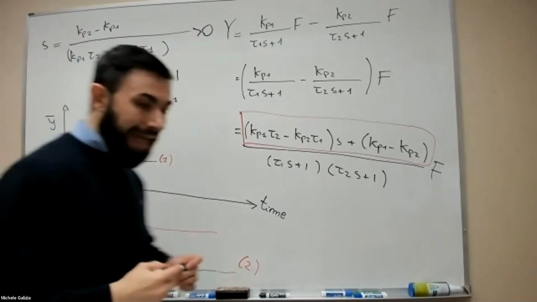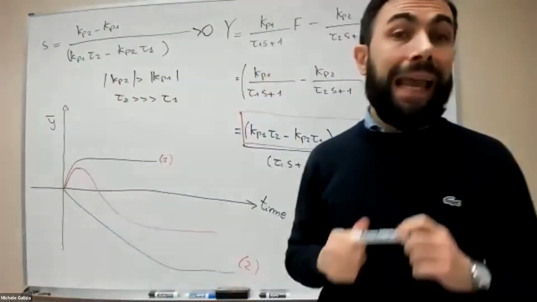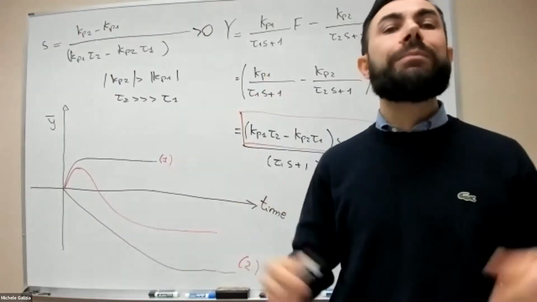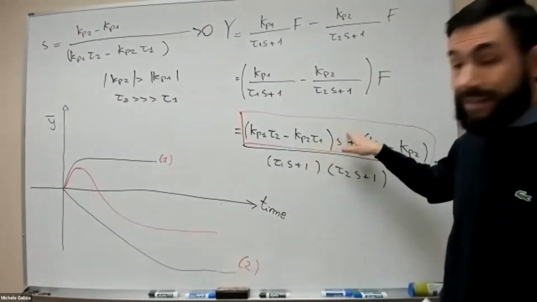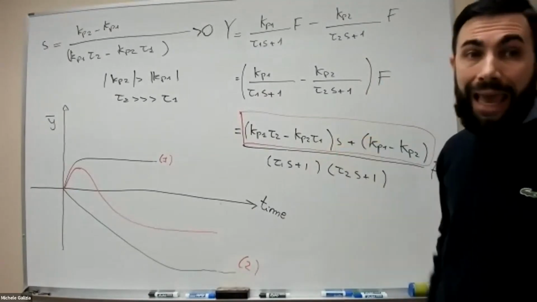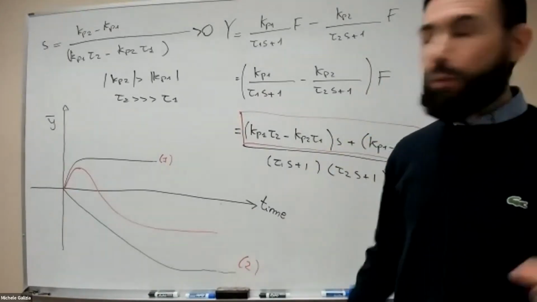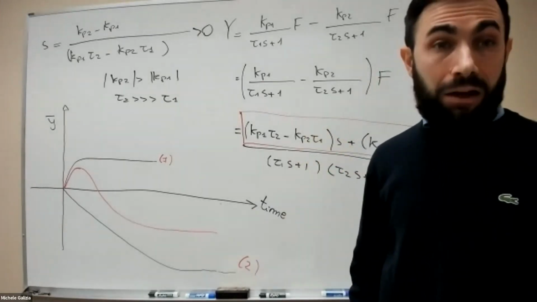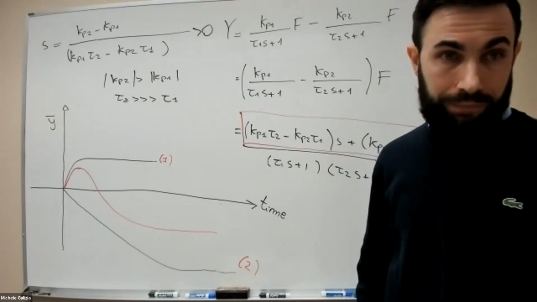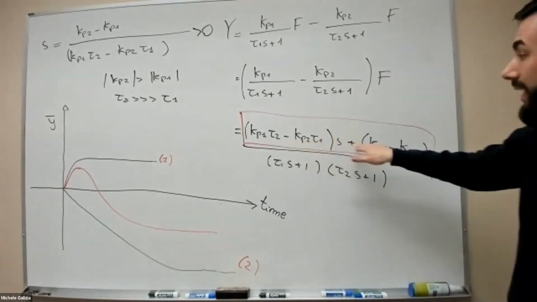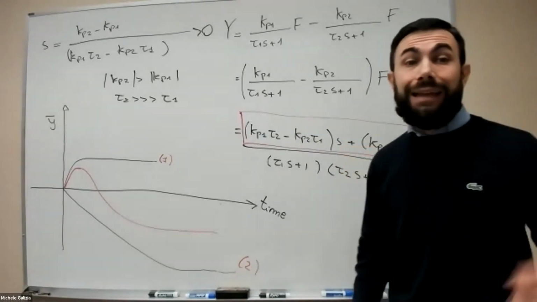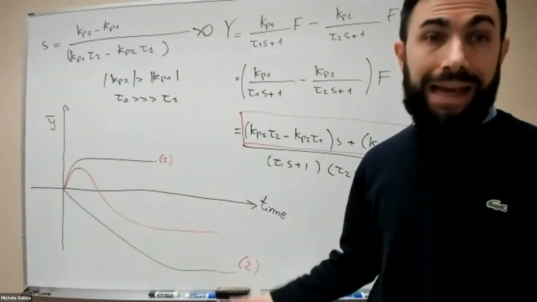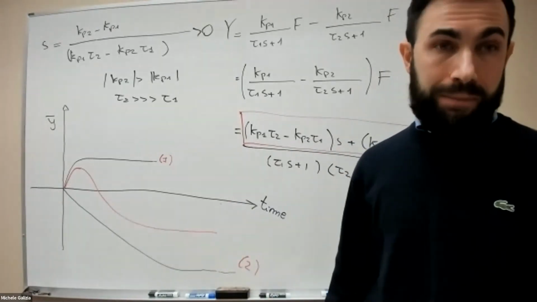So we can generalize and state that a system exhibits inverse or reverse response when the numerator of its transfer function exhibits any zero with a positive real part. If you calculate the zeros of the numerator and you get at least one zero with a positive real part, for sure that system will exhibit inverse response.